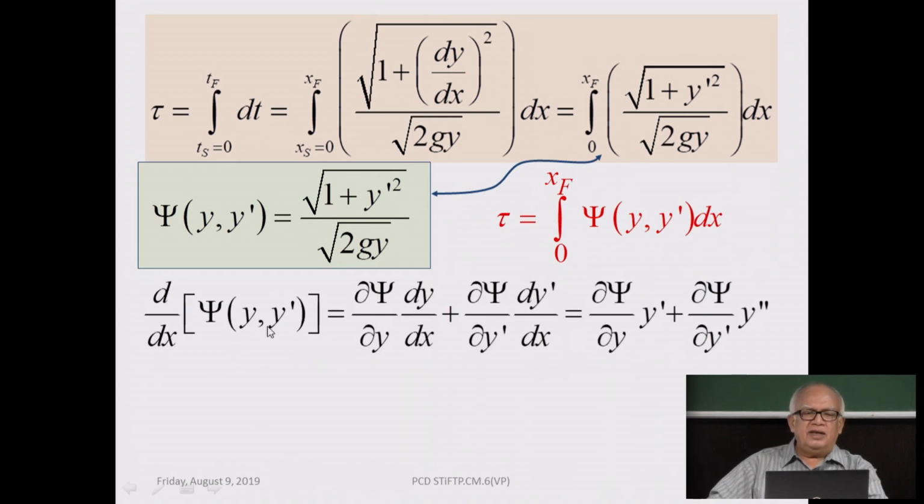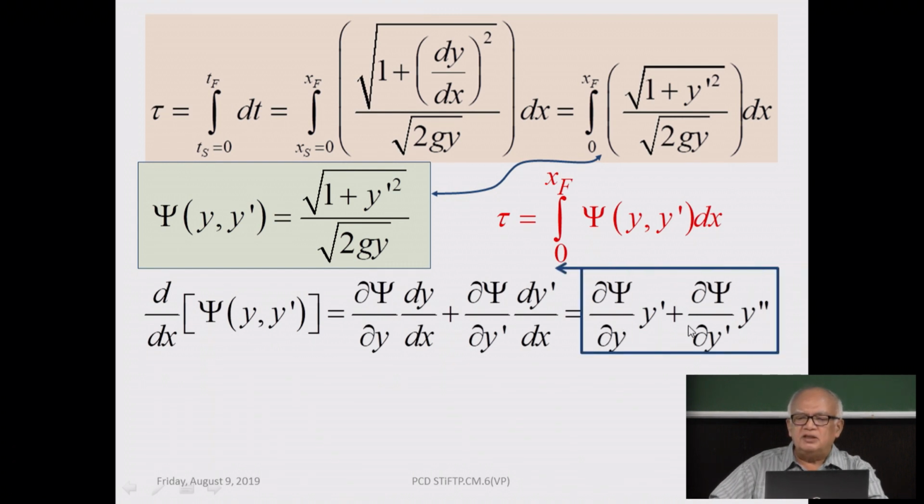Okay, so let us look at what is the derivative of psi with respect to x. It will depend on how psi depends on y, del psi by del y, and then how y depends on x. Plus, this is just the chain rule of taking the derivatives, and how psi changes with y prime, which is del psi by del y prime, and how y prime itself changes with x, which is dy prime by dx. Okay, so this is d psi by dy times y prime in our notation, and this is the derivative of y prime with respect to x, which is nothing but y double prime in our equation.